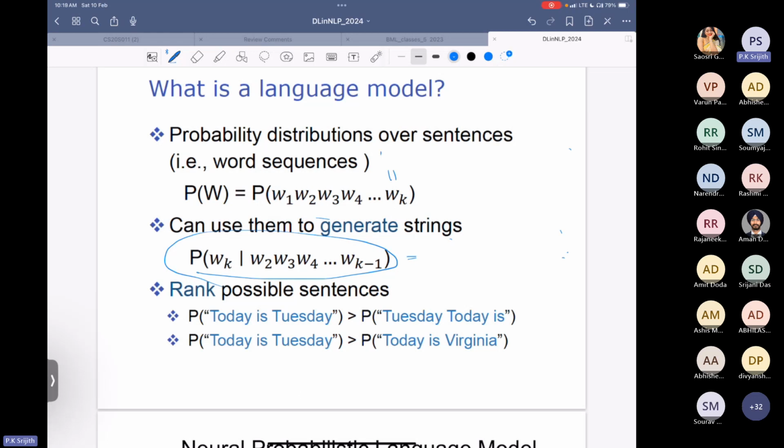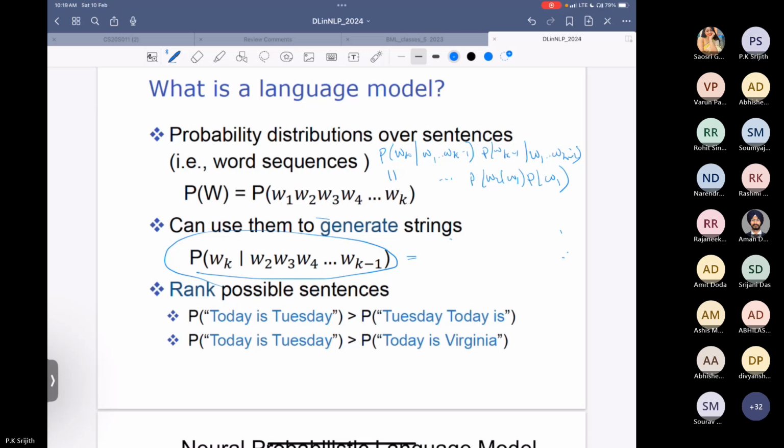You can write it as probability of Wk given W1 to Wk minus 1, into probability of Wk minus 1 given W1 to Wk minus 2, like that, up to probability of W2 given W1 and probability of W1. This is the exact way to write this joint distribution in terms of a product of conditionals.